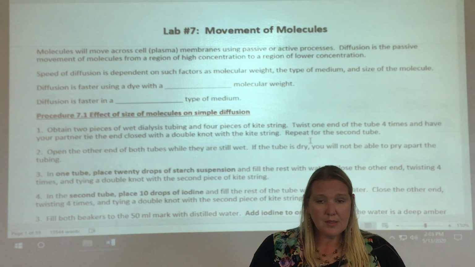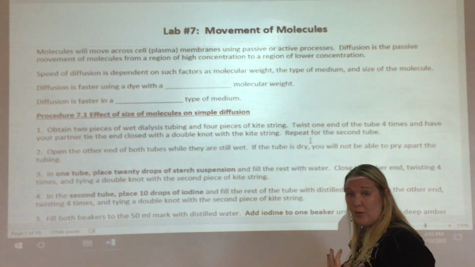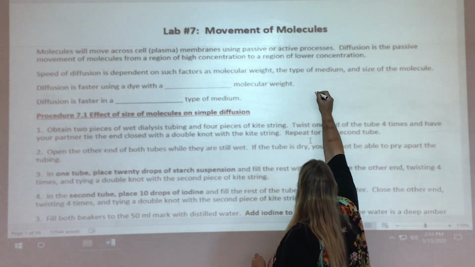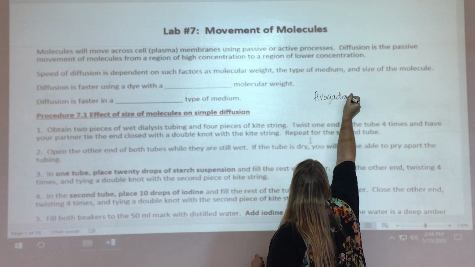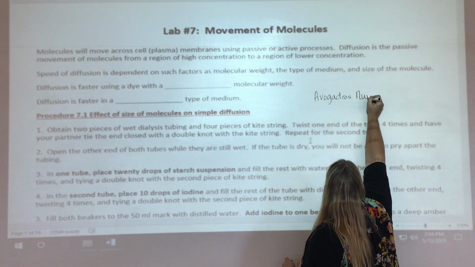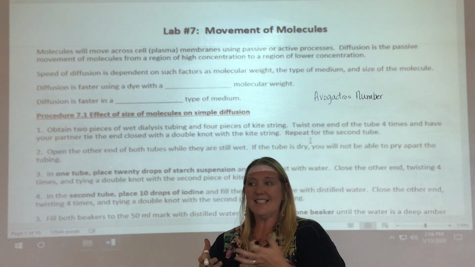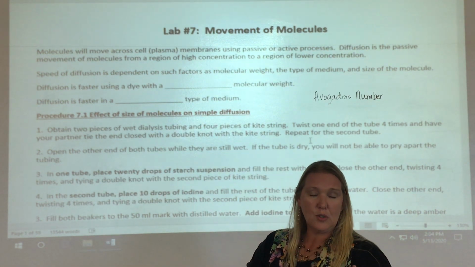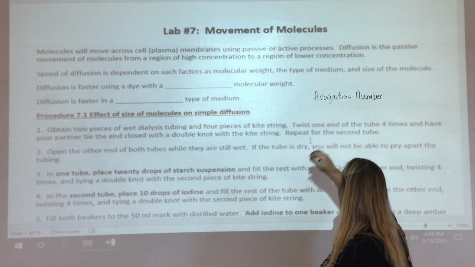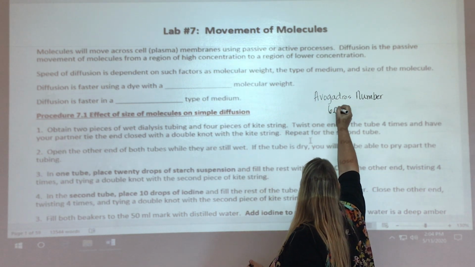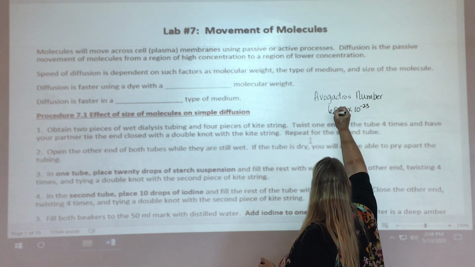This uses a standard, a chemistry standard called Avogadro's number. So in chemistry, they want to try to standardize how they're going to measure the units of measure. And so there's a scientist, and he came up with a standard unit, and that number is 6.02 times 10 to the negative 23.